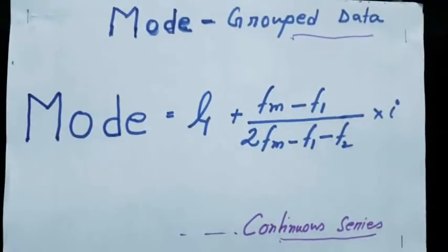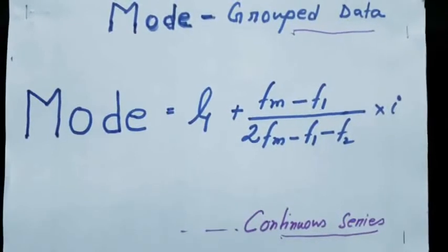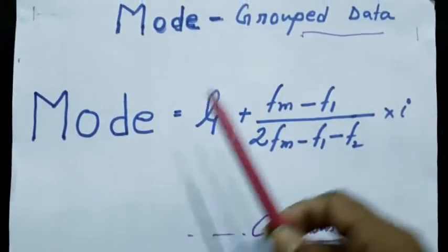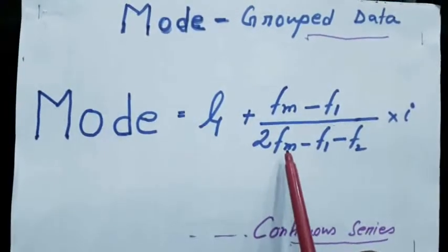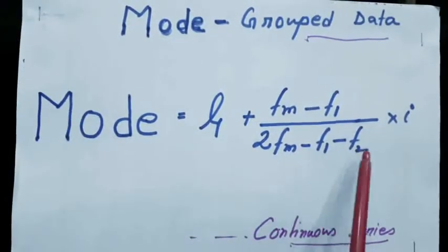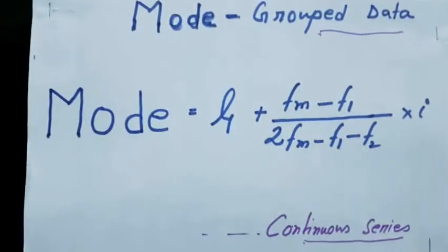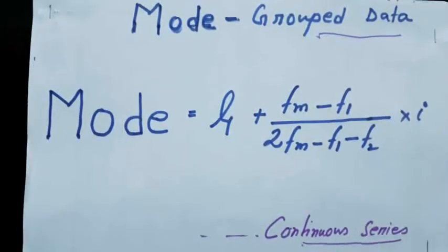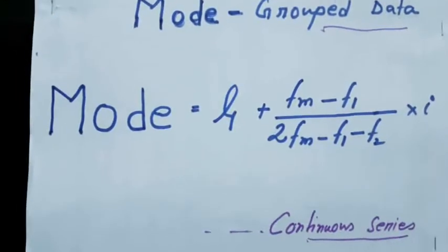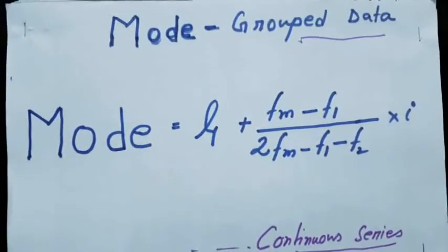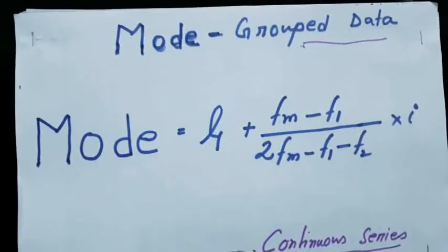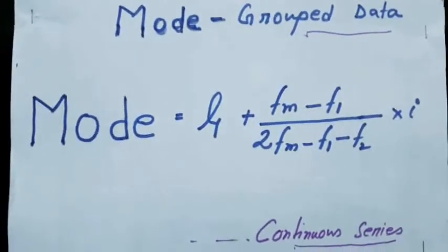where all the terms have specific interpretation like L1, F, F1, I, FM, F1, F2. All the different terms have specific interpretation. Now we will explain each and every term of the formula.